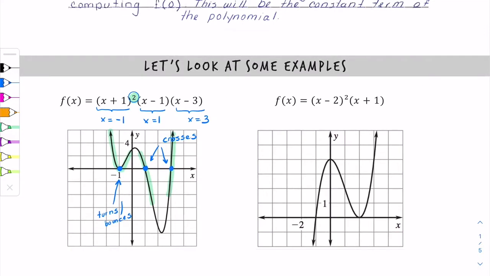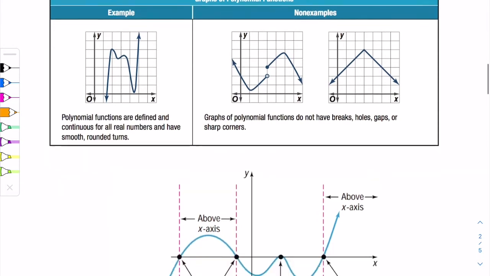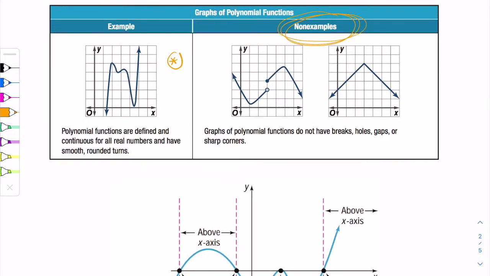So there's nothing to do here. I gave you a few examples that are already completed. You can use these as reference. On the next page, same thing. Here's another example. These are non-examples just because sometimes I notice that students graph functions like this. These are not polynomial functions.